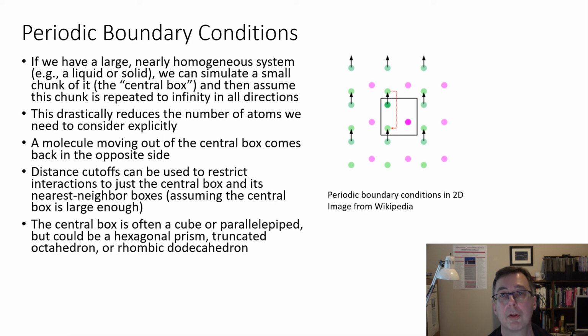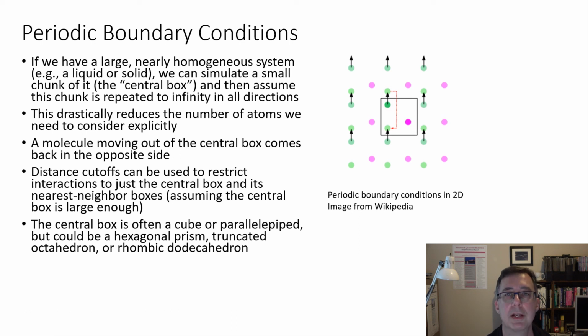If it's not a crystal but a liquid, then it's not perfectly the same in every direction, but to an approximation, I can imagine that small details aside, it basically looks the same in the x, y, and z direction. And again, there are ways for me to use periodic boundary conditions. Okay, so what's a periodic boundary condition?